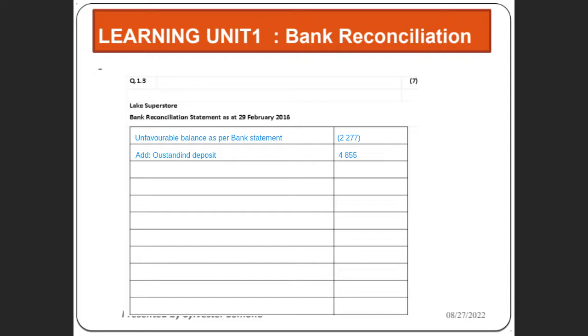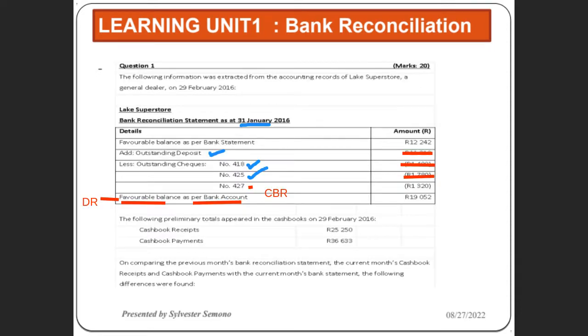So we must also go back for the information that we got from the beginning. We had some outstanding checks from the previous month. Let's check if they're still outstanding or not. So if you check here, are they still outstanding, these checks? No, sir.